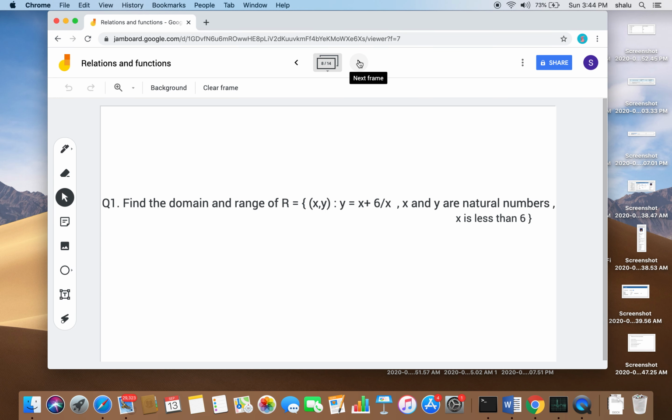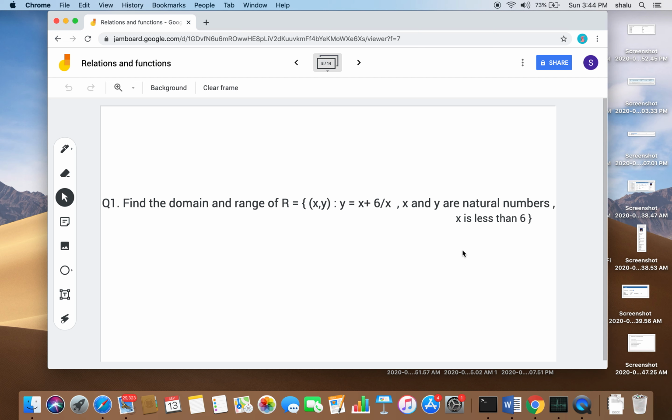Let's do a question based on this. Question says, find the domain and range of the relation R, which is (x, y), such that y equals x plus 6 by x, where x and y are natural numbers and x is less than 6.